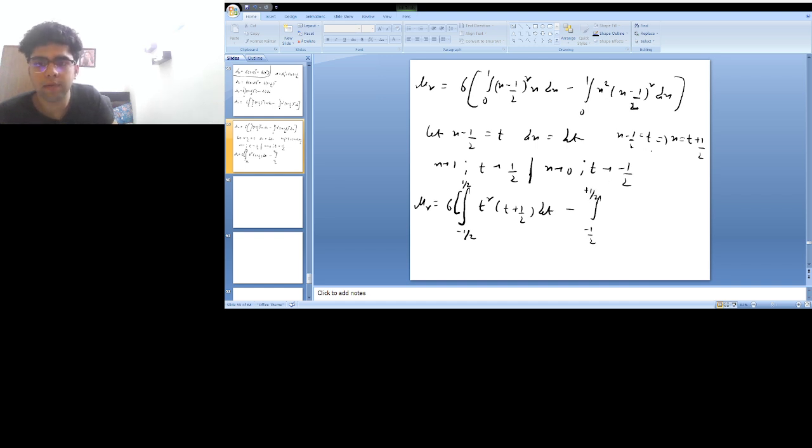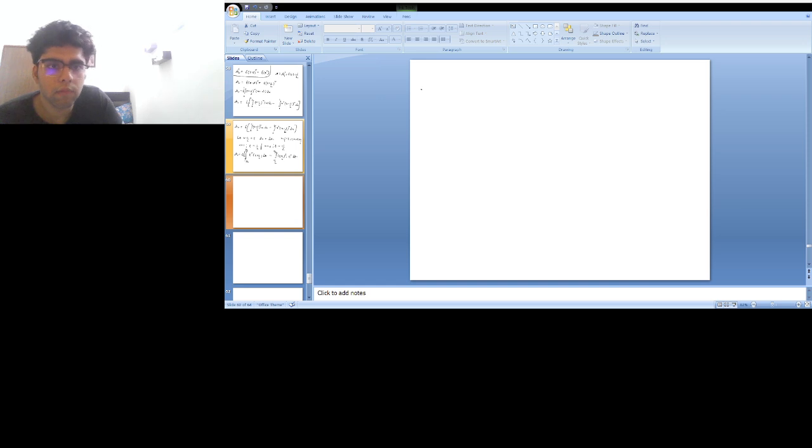Now my x is equal to t plus half, so this will become t plus half, the whole square, into t to the power r dt, right? Going to the next slide, this gives me 6 integral from minus half to half of t to the power r plus 1 plus half into t to the power r dt.